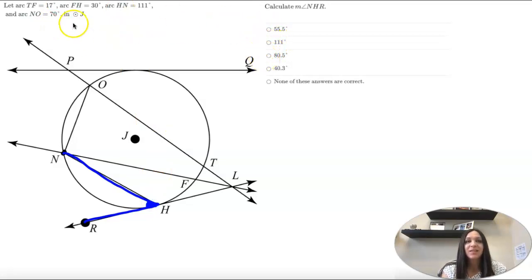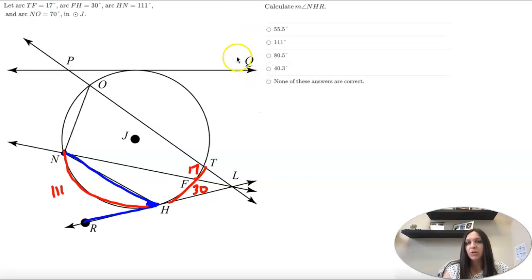Okay, that's what happens in these problems. We have TF is 17 degrees, arc FH is 30, and we don't actually need those for this problem. What we do need is this arc from H to N is 111.